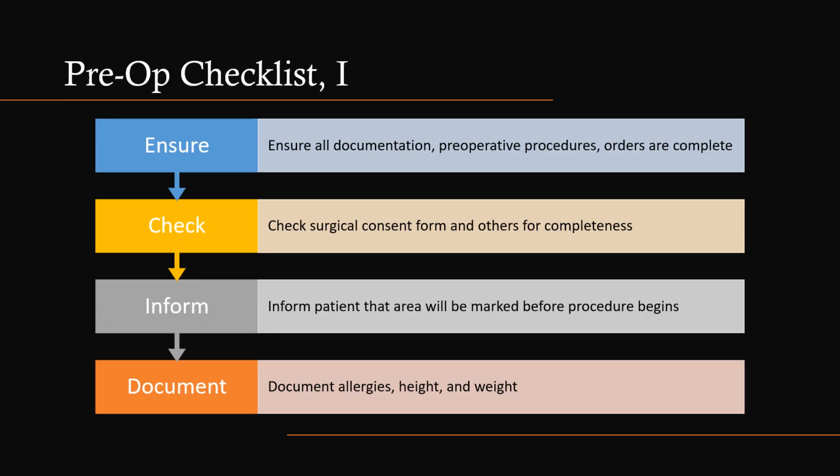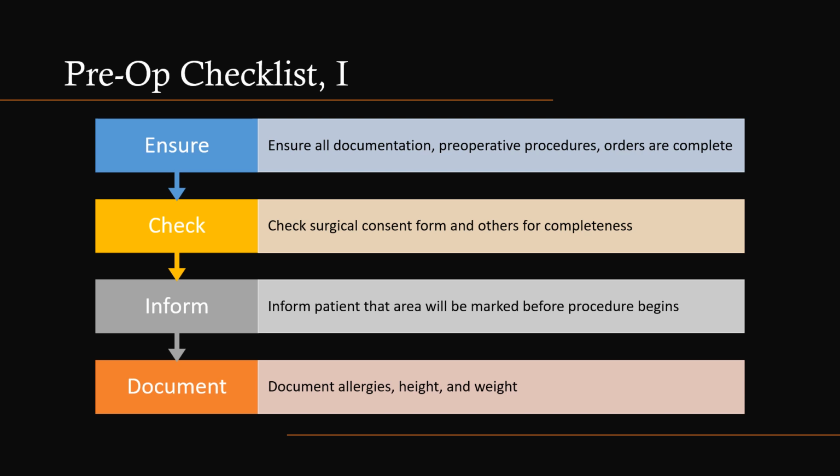I referred to the pre-op checklist a little while earlier, and here we have a slide on it. So let's run through this. We want to ensure all documentation, preoperative procedures, orders are complete. You want to check, see if the consent's on the chart, and it's complete. Inform the patient that area will be marked before the procedure begins.